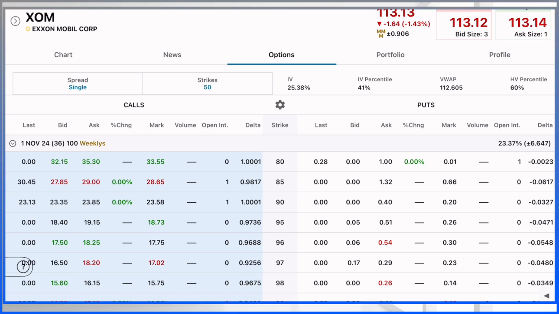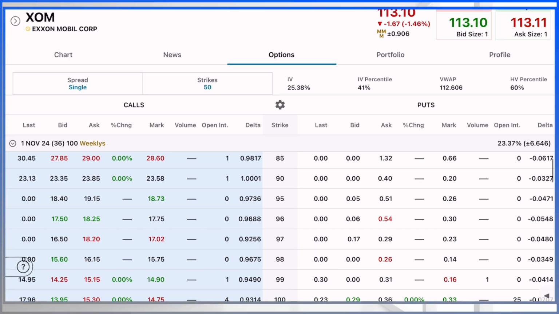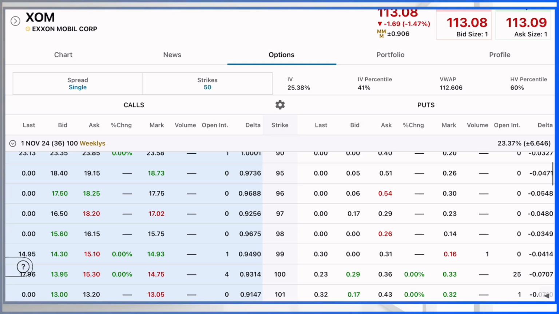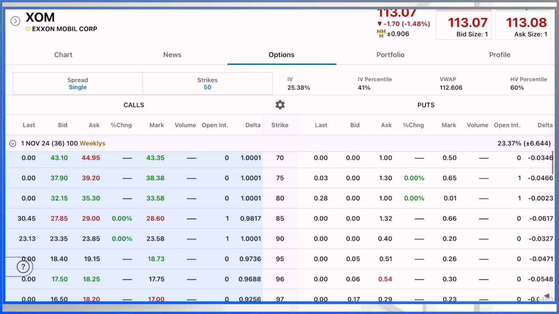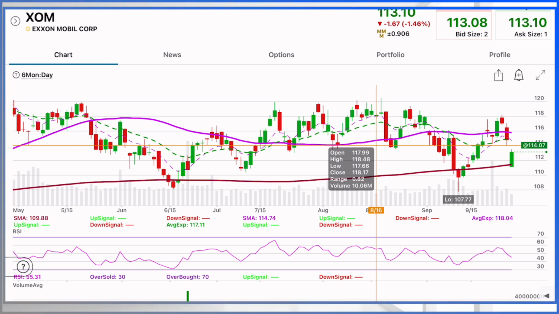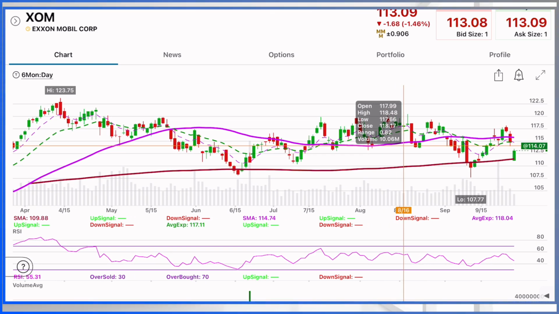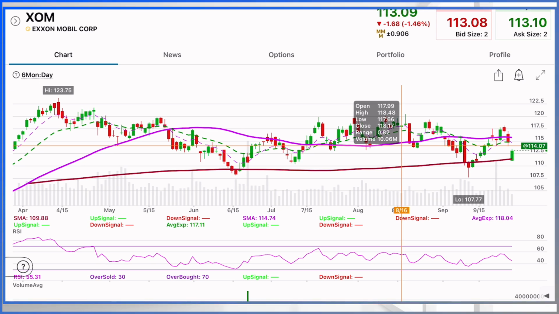And not yesterday, but Monday I traded some calls. I wrote calls, sold some calls on ExxonMobil. And let's go back to the chart real quick and remind you why this stock is an excellent candidate. We're looking at a 6-month chart here.